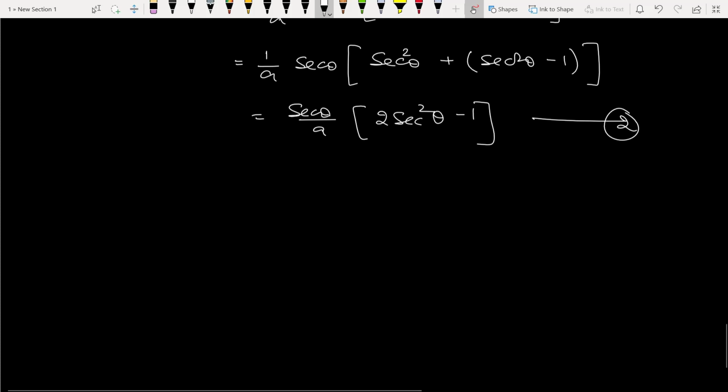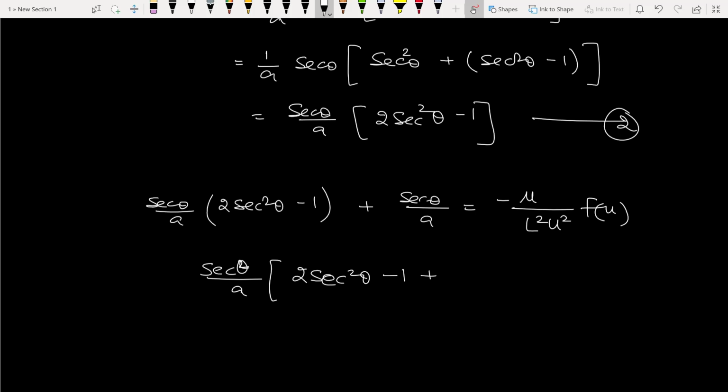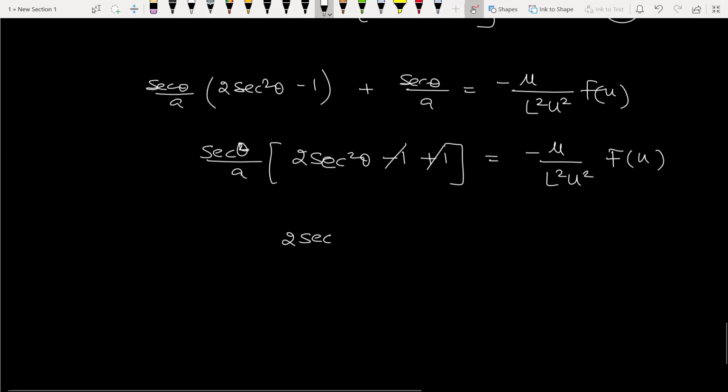So from equation 1 and 2, when we solve this, secant theta divided by a, we are left with 2 secant cube theta divided by a.